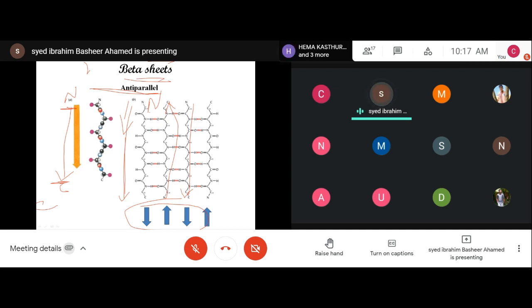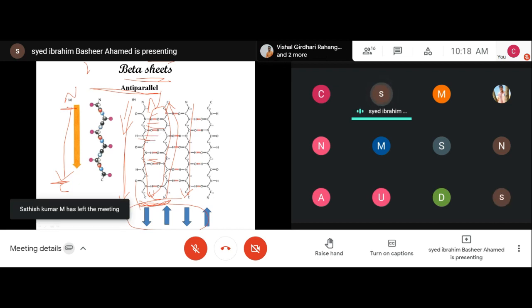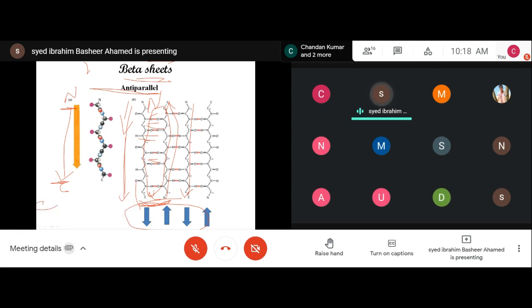So if you see here, the adjacent beta strands are making hydrogen bonding between each other. The hydrogen bondings are periodic in a very nice pattern. They are straight: the carboxyl and amino groups make direct hydrogen bonding in anti-parallel beta sheet.